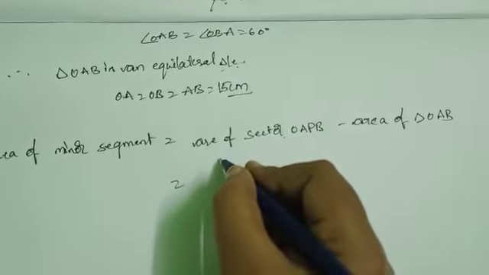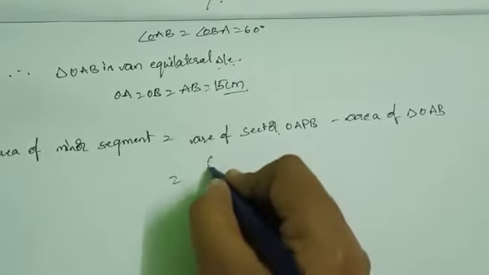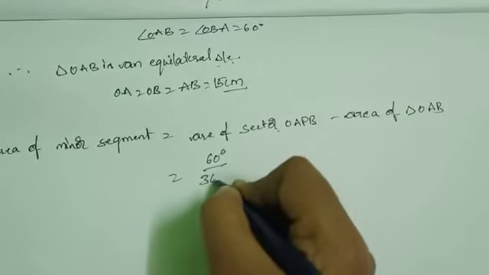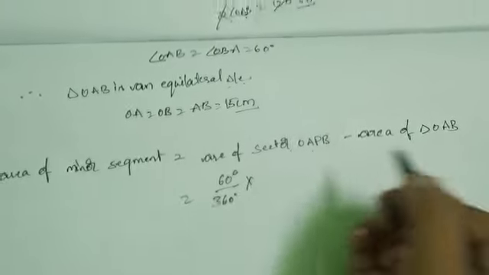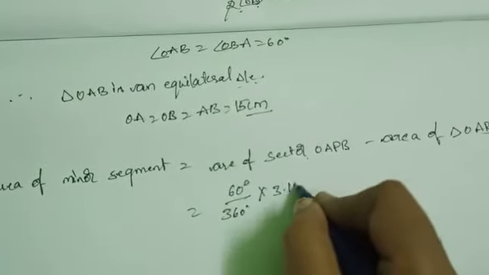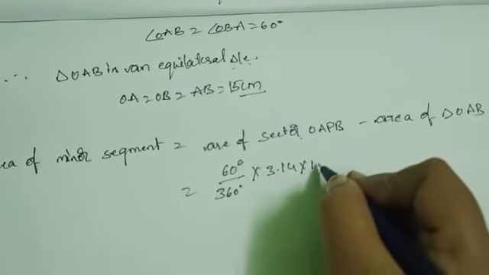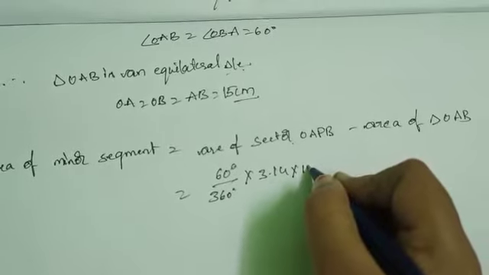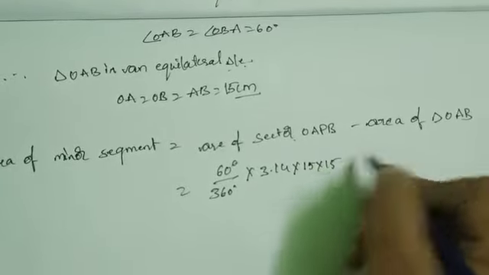The area of the sector formula is theta by 360 into pi r square. Here theta is 60 degrees by 360 degrees into pi, where we use 3.14, into r square, 15 into 15.